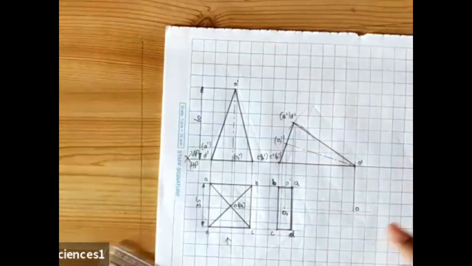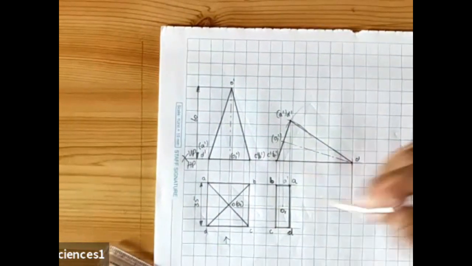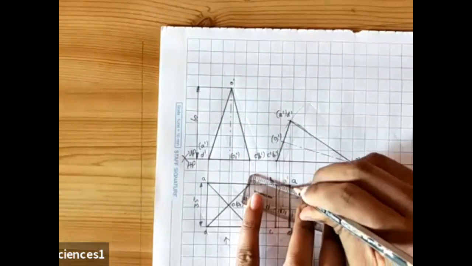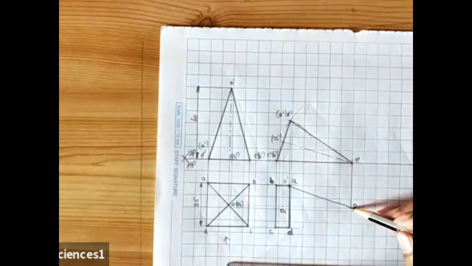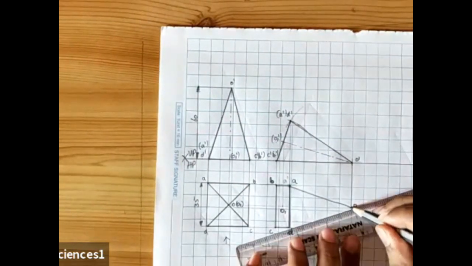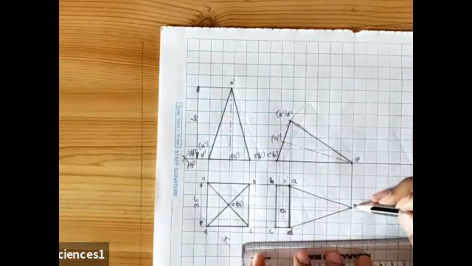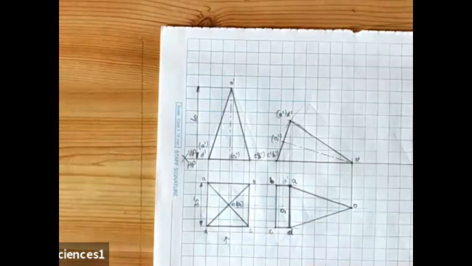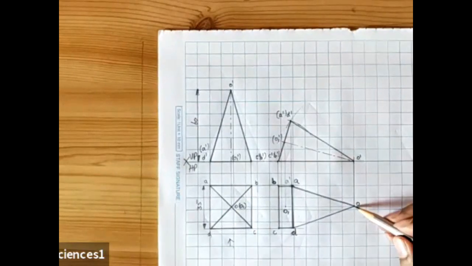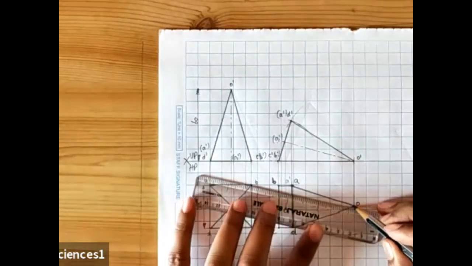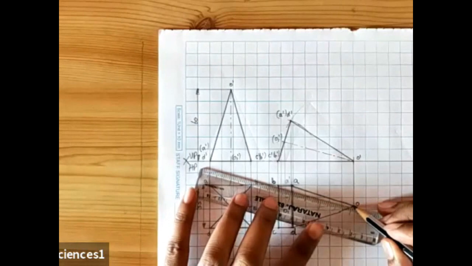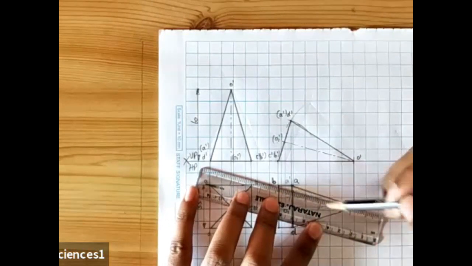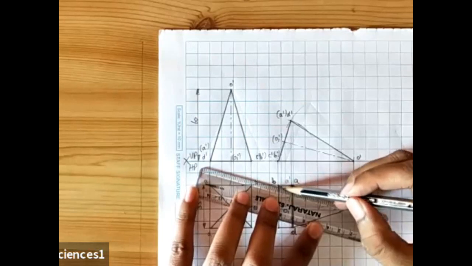So now we'll start joining the longer edges. From the point O to A is visible for the observer. Again, from the point O to D is visible for the observer. Now you start joining from O to B. When you start joining from O to B, it will start cutting this edge, so that edge will be hidden.